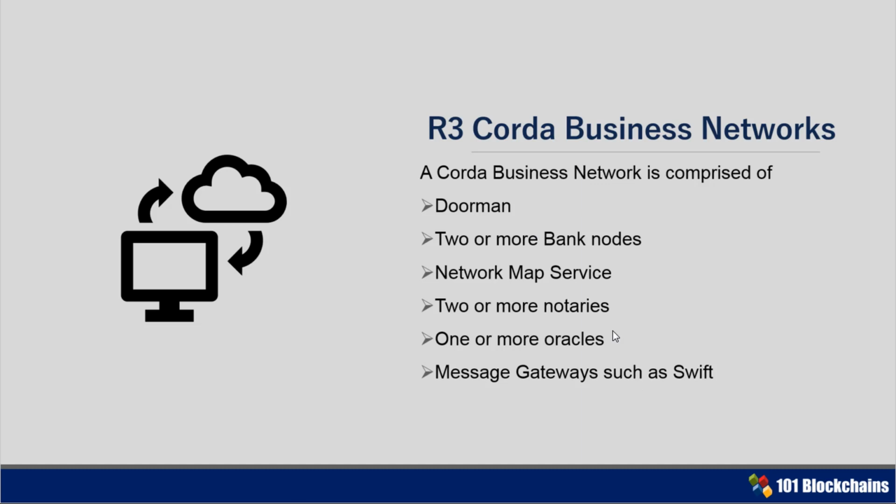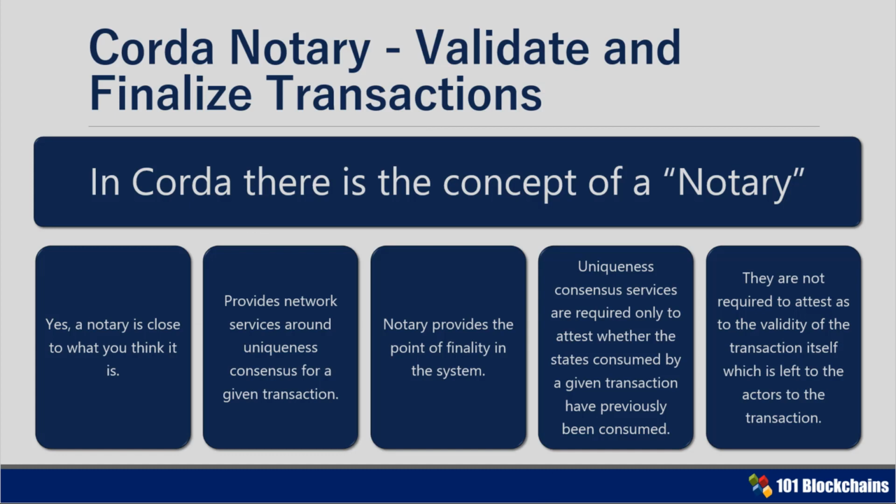Lastly, we want to look at notaries before we close out this specific lesson. In Corda, there's a concept of a notary. Now, we could deploy a notary, which is nothing more than a notary node. So it's a node running notary services. It is pretty much what it sounds like.